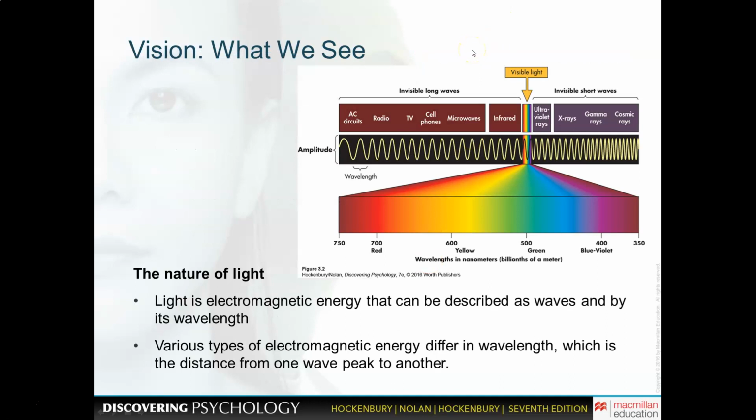Okay, so for the rest of this chapter, we're going to be looking into the various types of sensation and perception. I highly recommend that you view this video in segments, according to possibly each sensory type.